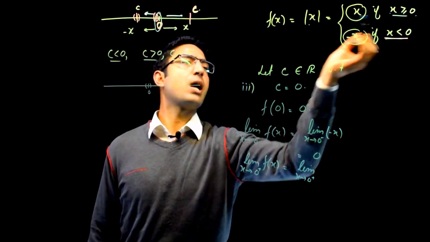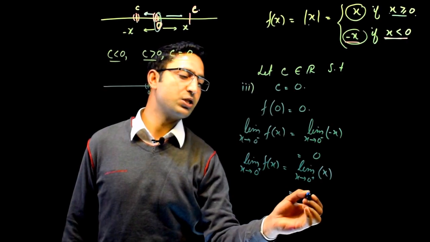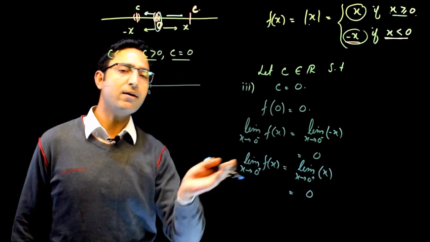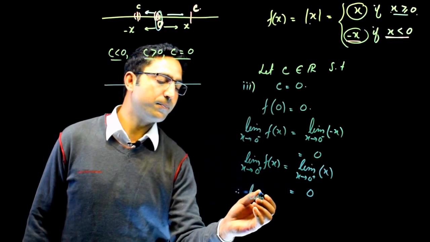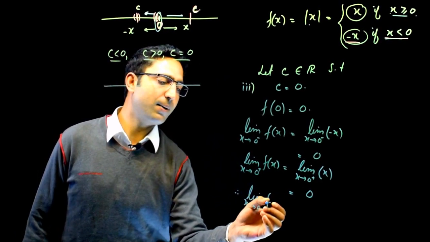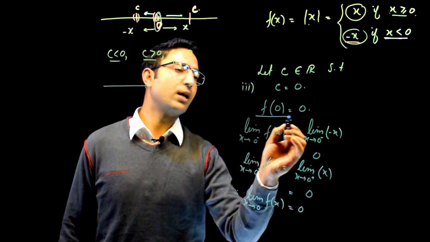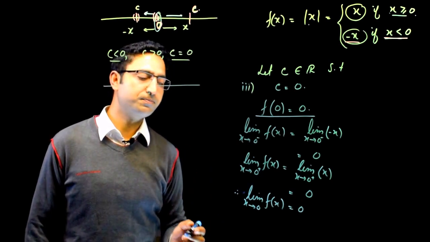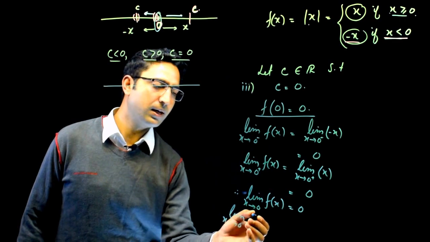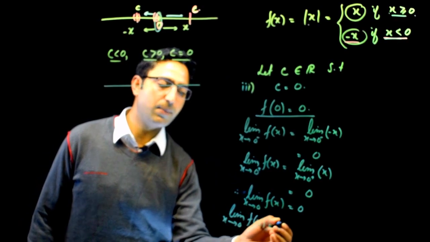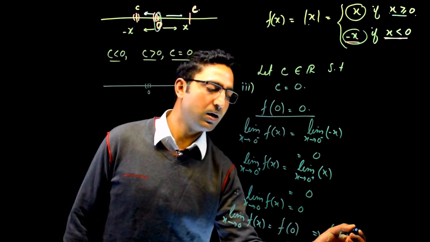For x greater than 0, f of x is defined as x, so it will be simply x, that will be equal to 0. So the left hand limit and the right hand limit at 0 are the same, therefore we can say that the overall limit as x approaches 0 of f of x equals 0. Also we see that the function value at 0 is also equal to 0. Hence the limit as x approaches 0 of f of x is the same as f of 0, which implies f is continuous at 0.